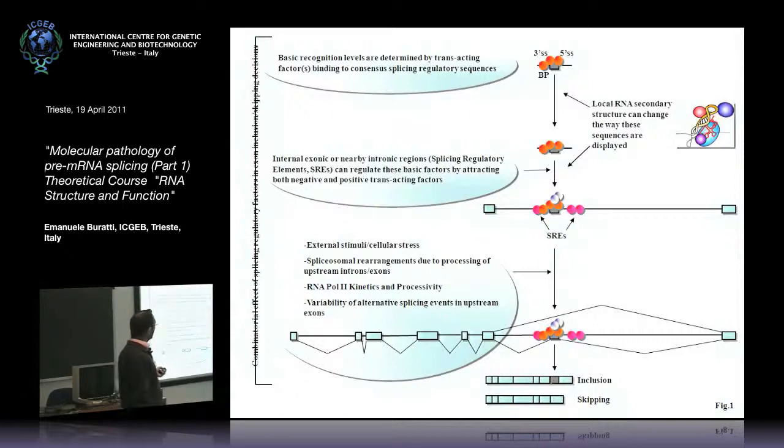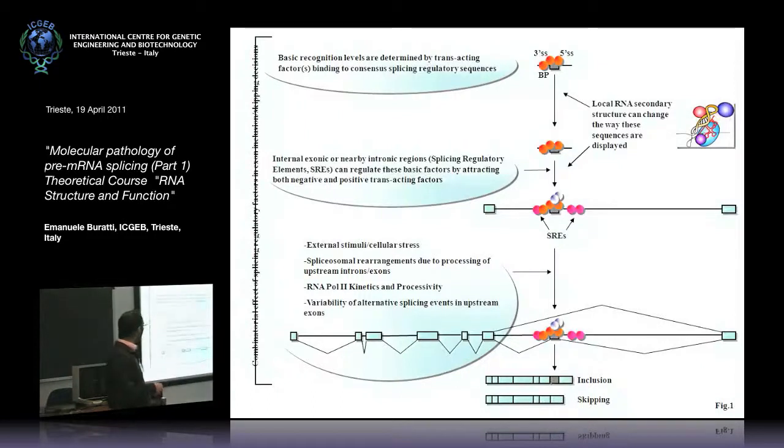These factors are represented by auxiliary splicing regulatory elements that can be found both in the exon and in the nearby intronic sequences, but then you have other factors that can act at the level of RNA secondary structure, and RNA secondary structure, as we will see later on, can either promote or hinder the recognition of the splice sites.